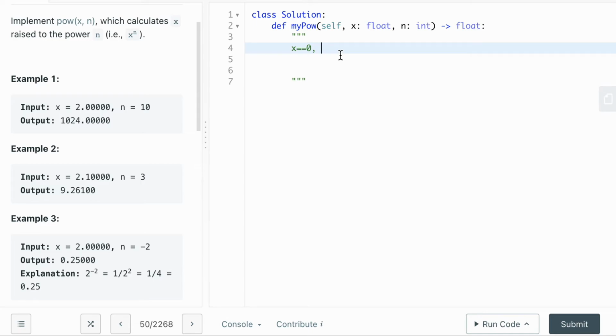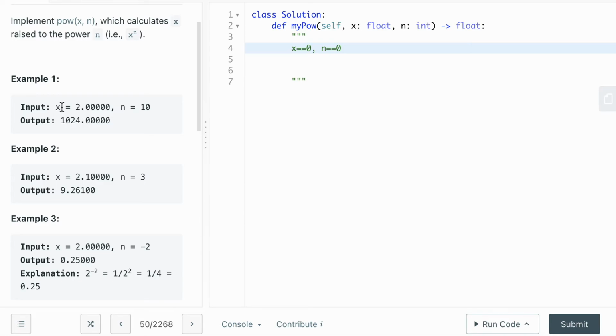Another scenario is n equals 0. If n equals 0, then no matter what x is, its 0 power is 1. Everything will be 1. So these are the two edge cases that you need to rule out.